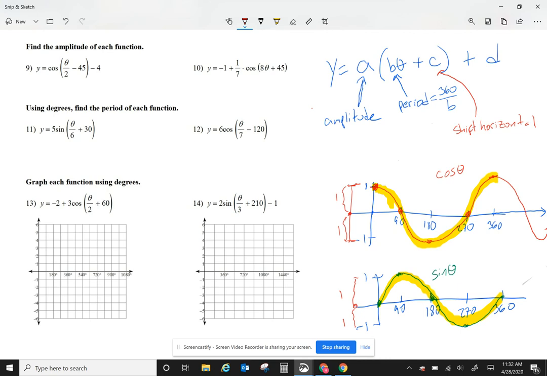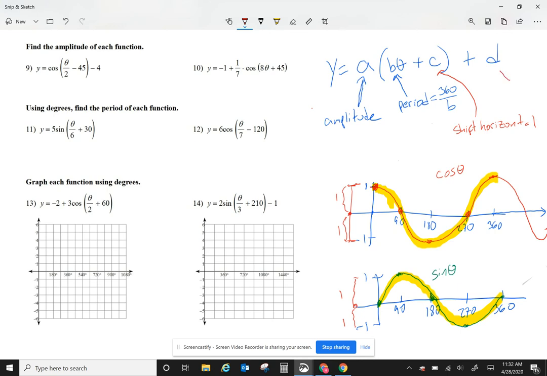If I had a +3, I move 3 to the left. So this number inside my parentheses, but not next to theta, tells me how many degrees to move. But remember, we're looking at this as opposite sign. So if it's plus, you move to the left. If it's minus something, you move to the right. Once again, we think of this as shifting horizontally. So my graph is going to move sideways.